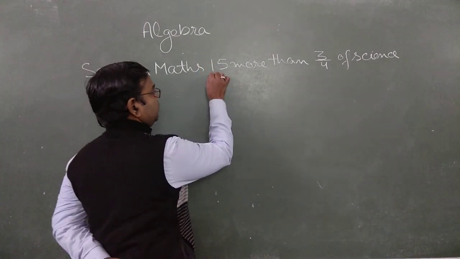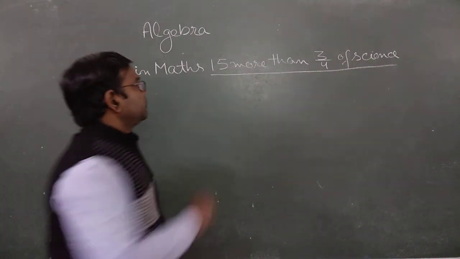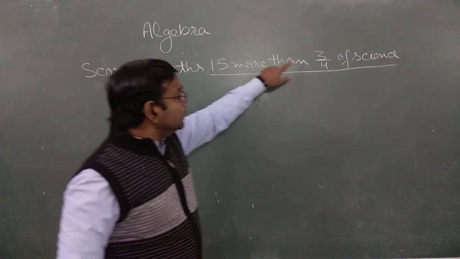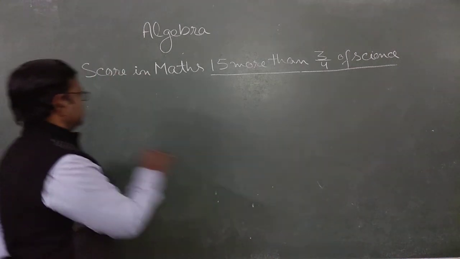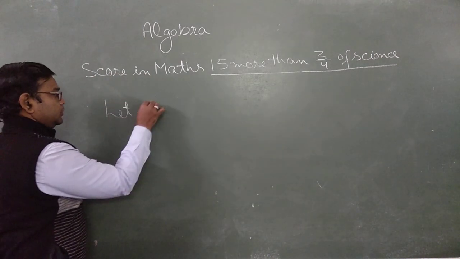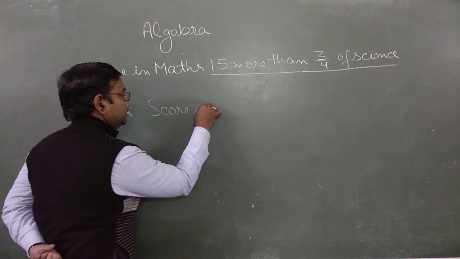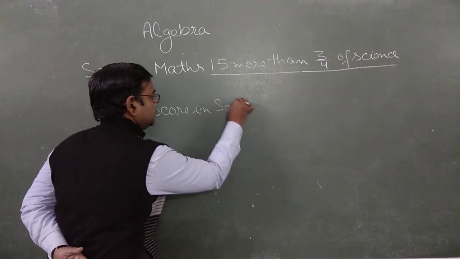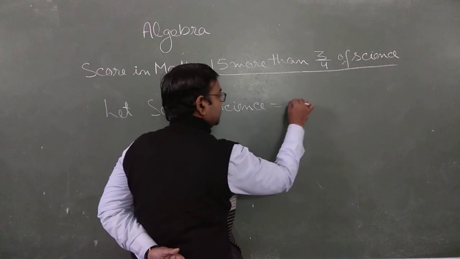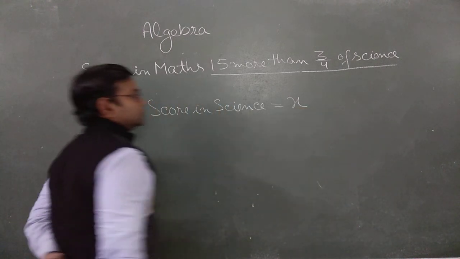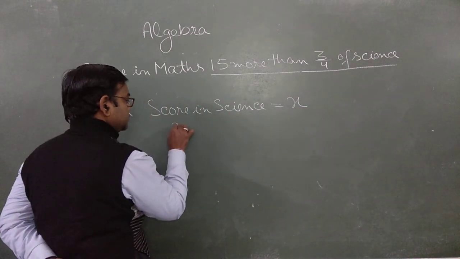Keep an eye on this part. Clear this underlined part: 15 more than 3/4 of science. So let the score in science, our common variable, be x. Clear? So 3/4 of science. What is 3/4 of science?